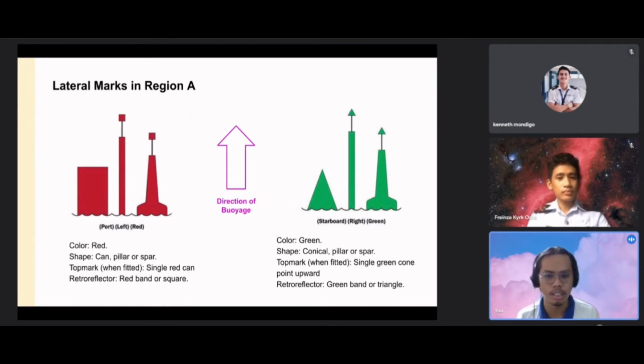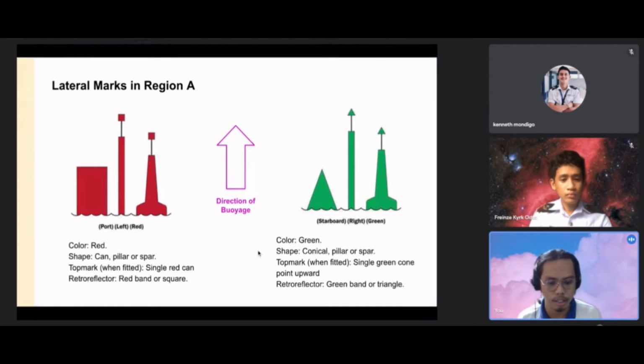This can be seen in some cases on your coveralls or on building materials on the road. On the starboard or right-hand side, the color is green, the shape is conical, like a cone, a pillar, or a spar. When fitted with a top mark, it is a single green cone pointing upwards. Its retroreflectors are a green band or a triangle.